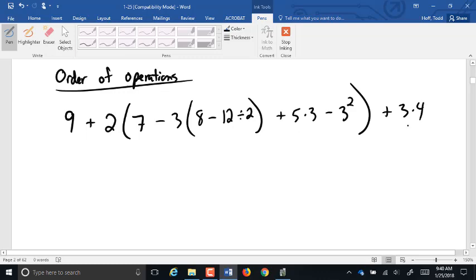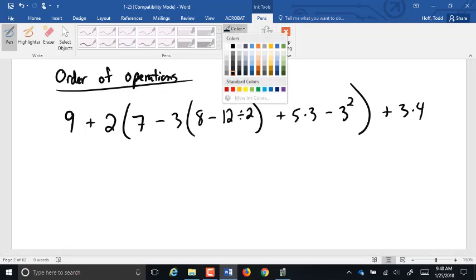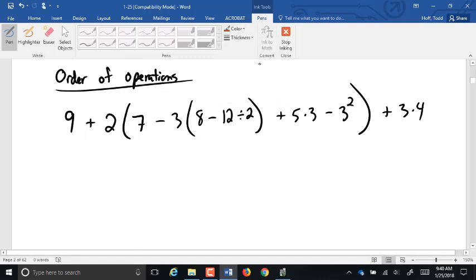Some simple examples. Now remember, what is our highest level of priority when we do order of operations? Parentheses or enclosing symbols. So far, all we've seen for enclosing symbols are parentheses. And when we have more than one, we go left to right.